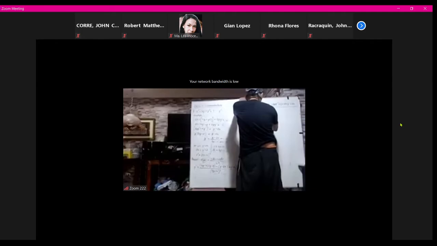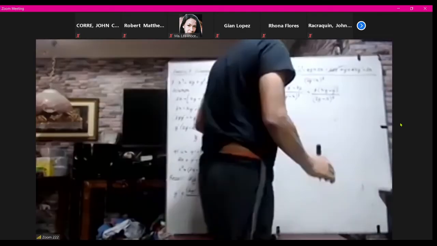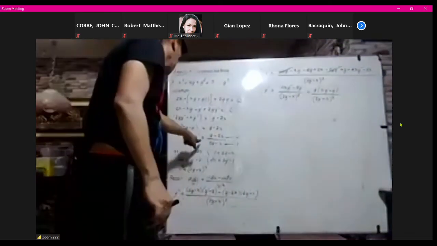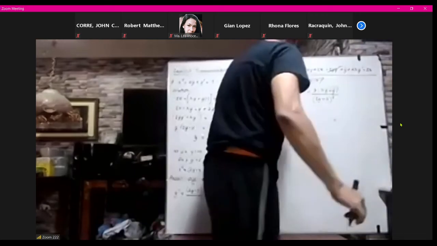This is 3 multiplied by x y prime minus y. Yan. Okay, pero ang value natin ng y prime ay ito. So, i-substitute natin yung y prime doon.